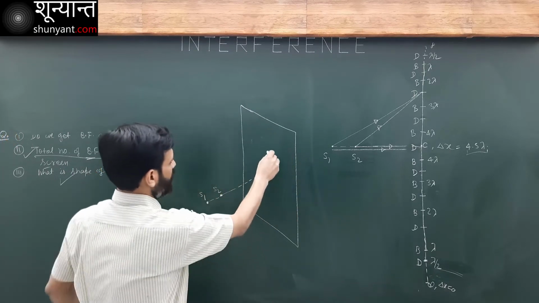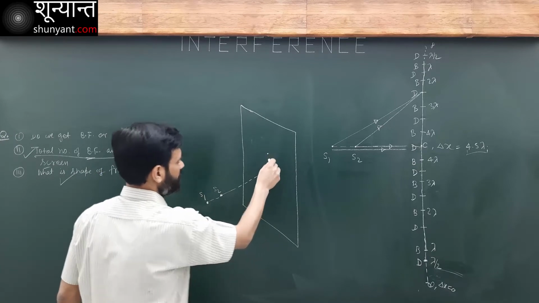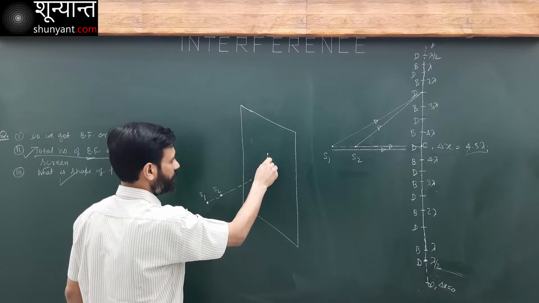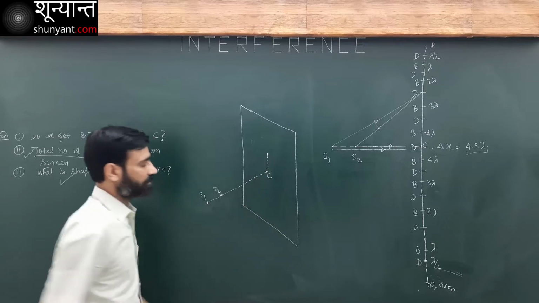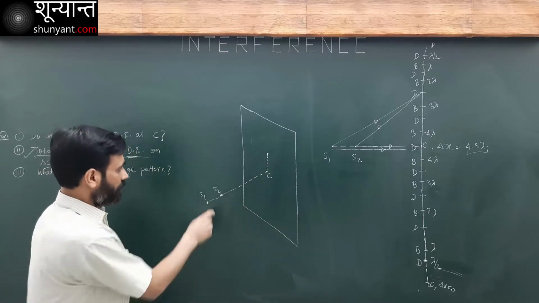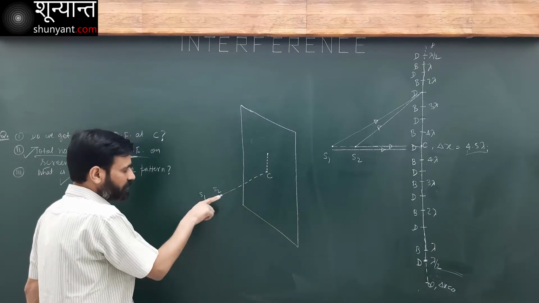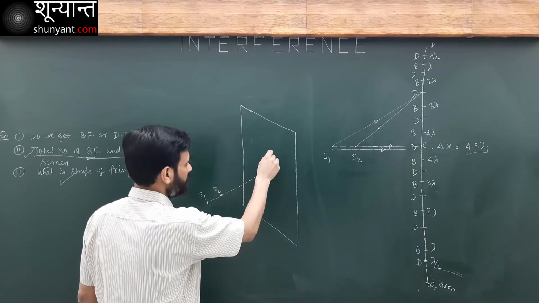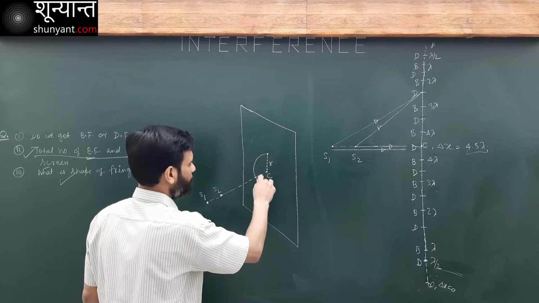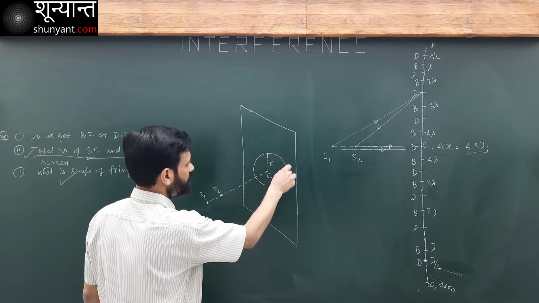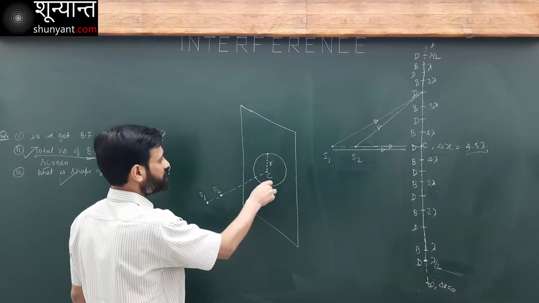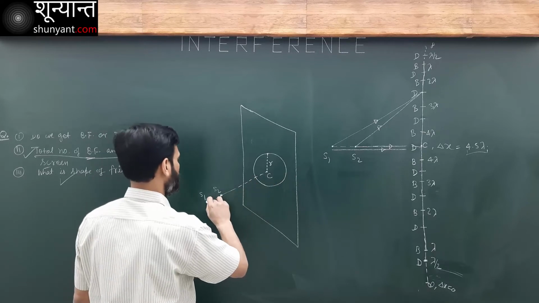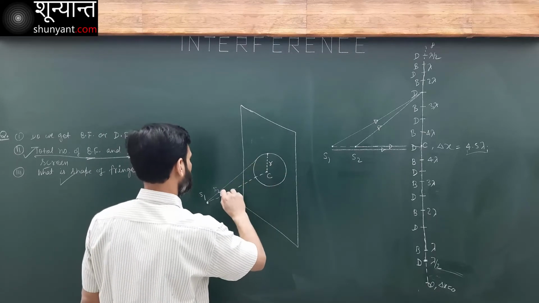So at any point here, if I draw a circle, this is the center. The center is along the line joining S1 and S2. If I draw a circle of a certain radius, then every point of this circle will be at the same distance from S1 and from S2.